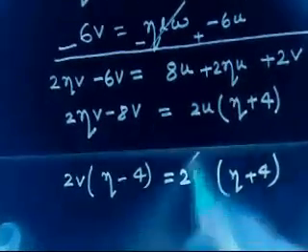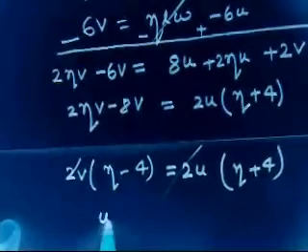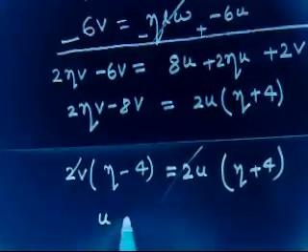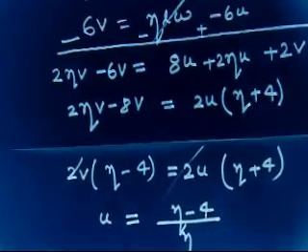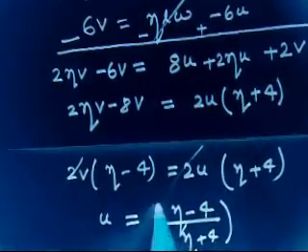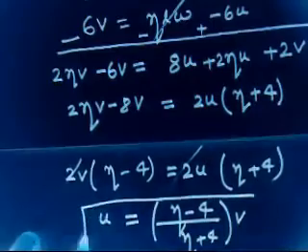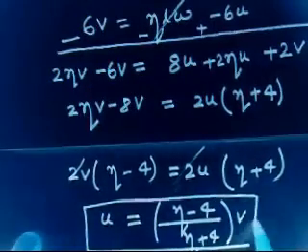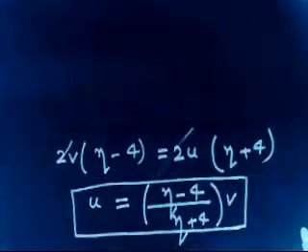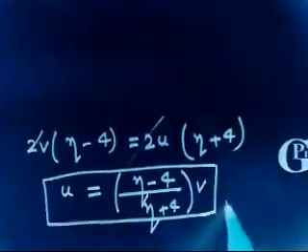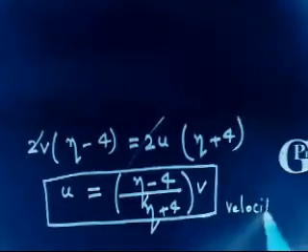So 2 goes out, and you will have u equals (eta minus 4) divided by (eta plus 4) into v. So this is the velocity of the ball, or you can say velocity of the disc.